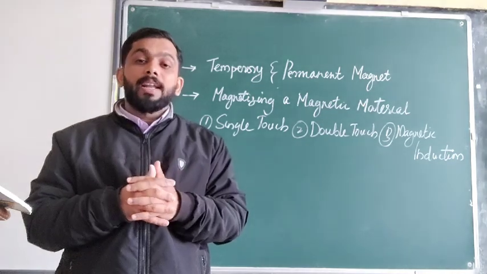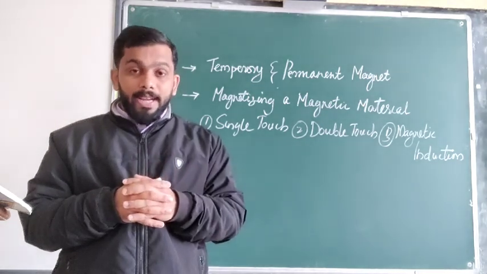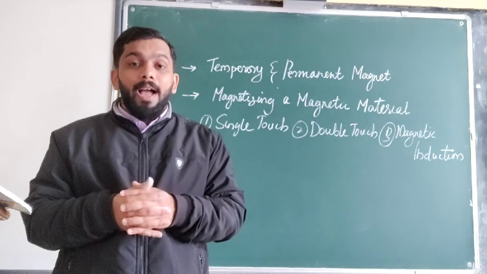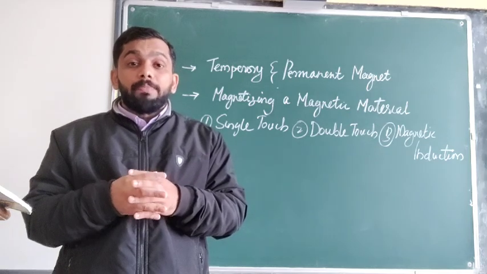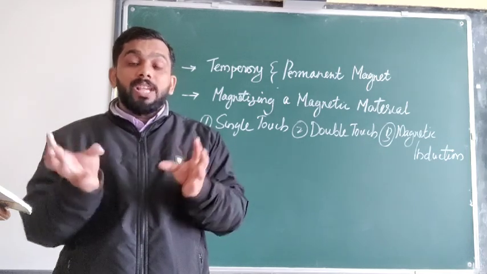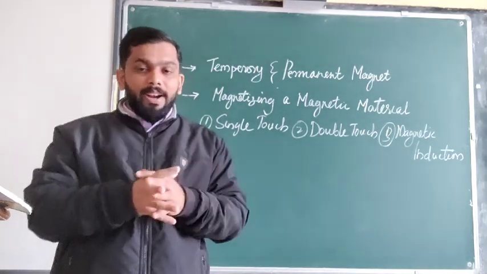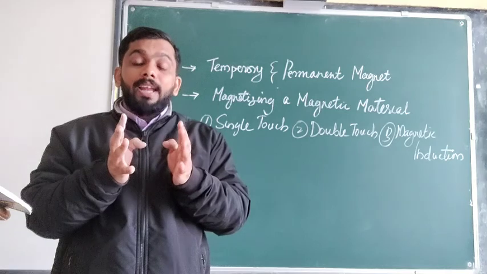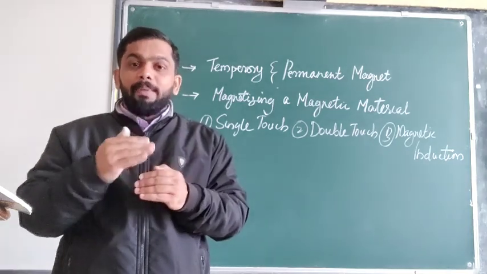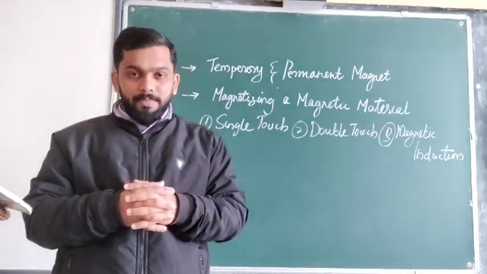And the temporary magnet will act as a magnet only when the magnetizing forces are given. That means in the presence of magnetizing forces only, the temporary magnet will act as a magnet.